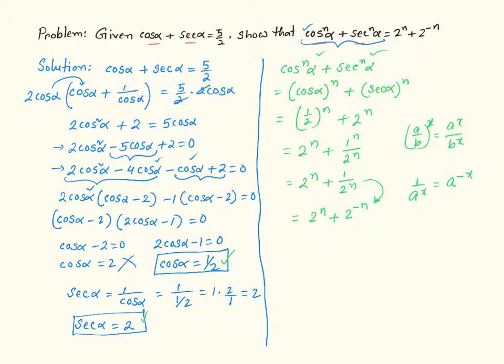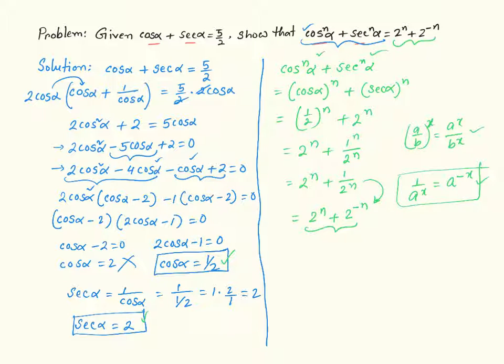This is a definition, okay? So remember that as well. These two are properties of exponents. Now, by the way, this is the same as the right hand side, isn't it? So we just showed that cosine to the power n alpha plus secant to the power n alpha is equal to 2 to the power n plus 2 to the power negative n.